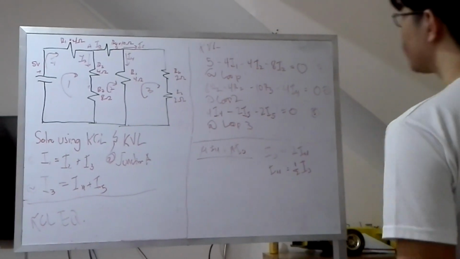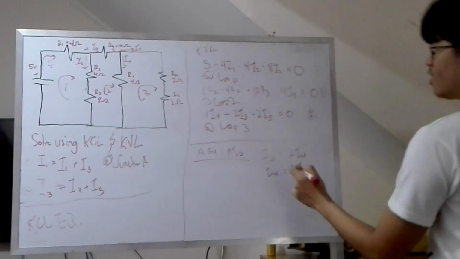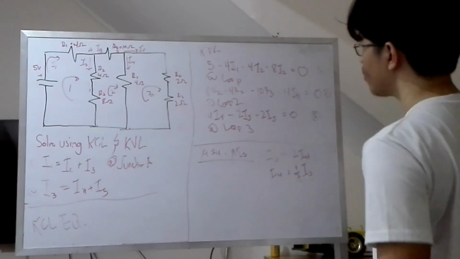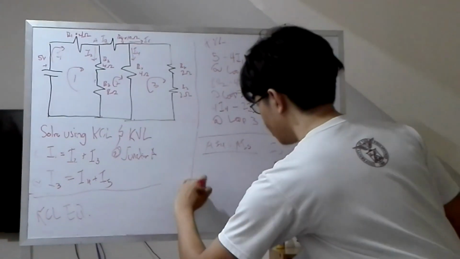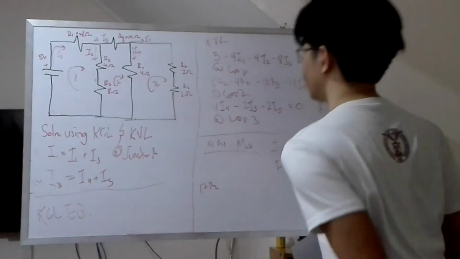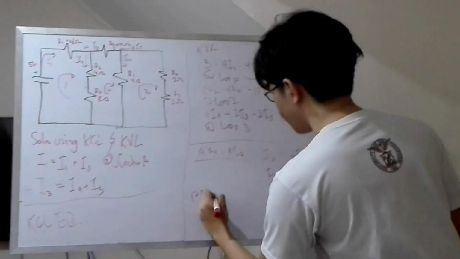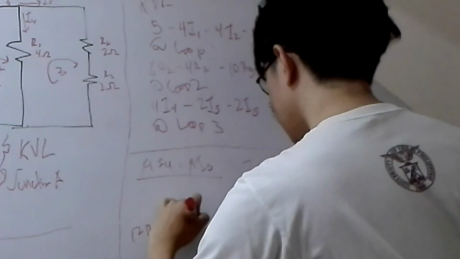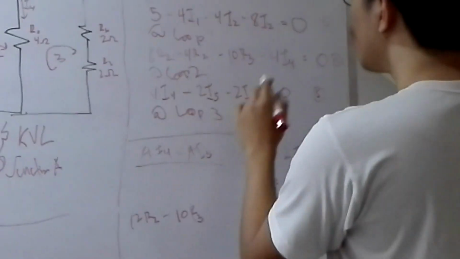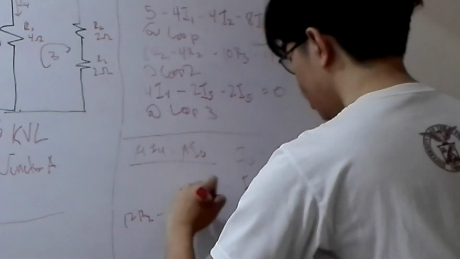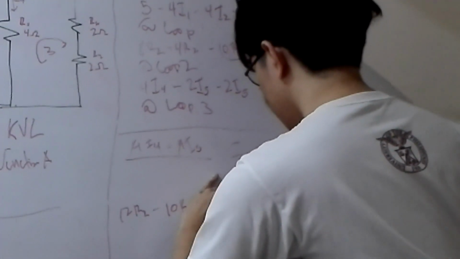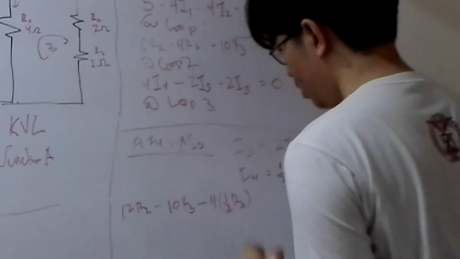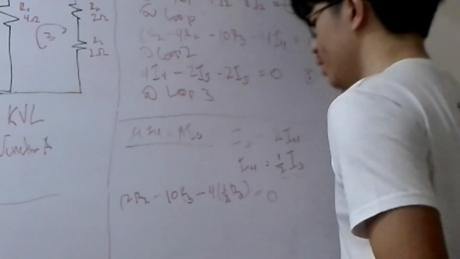And substituting this value into equation number 4, you would get 8I2 plus 4I2 is 12I2, minus 10I3, minus 4 times I4, which is 1/2 I3, is equal to 0.